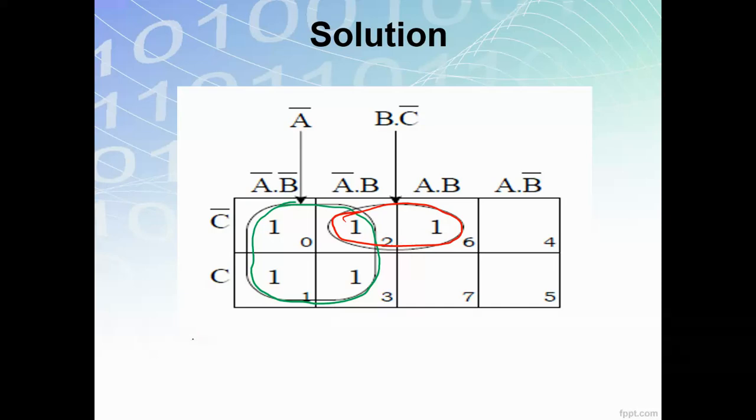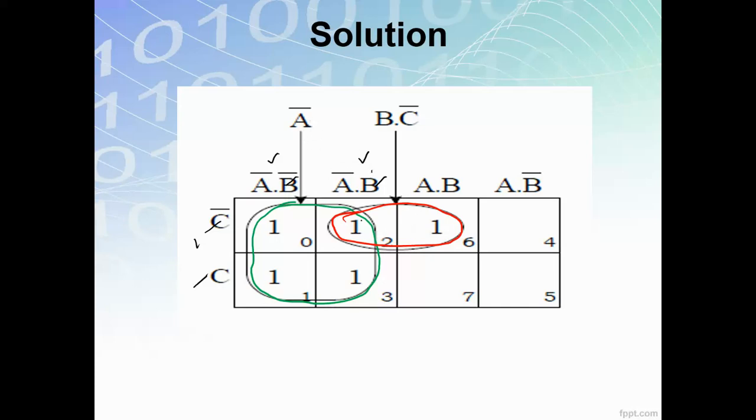Okay, now after we draw the loops, we can get the expressions for each loop. For the 4-cell loop here, you involve this column and this column, so we can eliminate B bar and B, and we can also eliminate C bar and C because they involve both. So these become 1, and the remaining will be A bar.